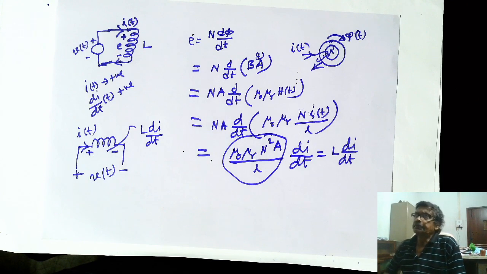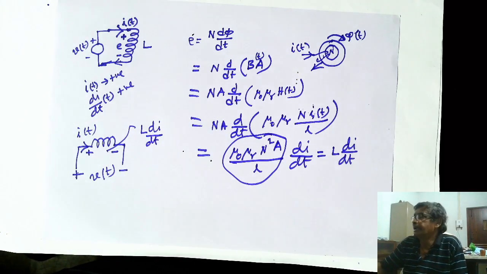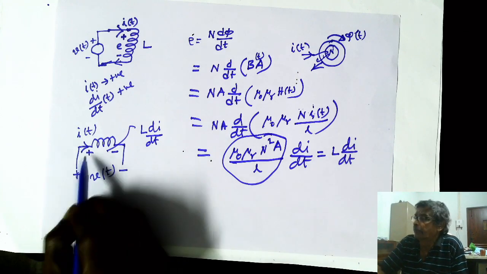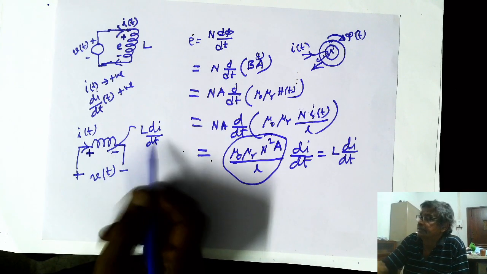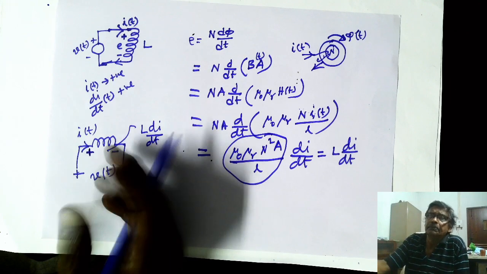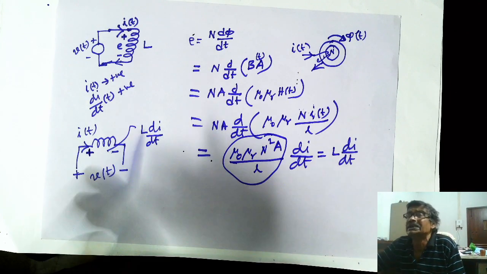You don't bother because di/dt may sometimes become negative, but this equation will take care of that. If you write assuming that it is positive and di/dt is positive, you always say that the polarity of the induced voltage is plus minus like that, L di/dt. You are done, because you don't have to scratch your head about what happens when di/dt becomes negative.